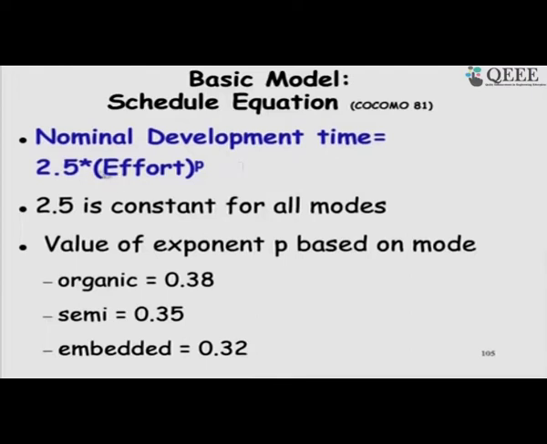So, it is 2.5 into effort to the power p. So, there is again a multiplier and then an exponent, the scale factor. The scale factor varies from 0.38 to 0.32, not too much variation, just see that.